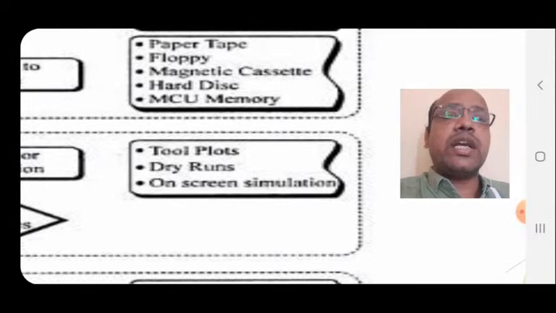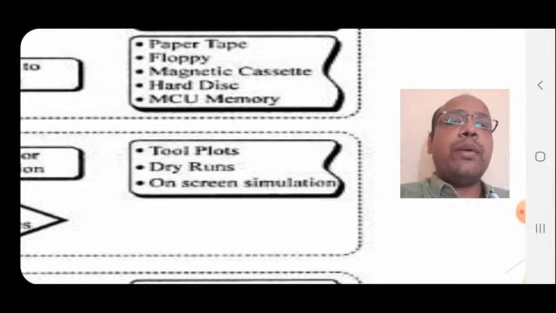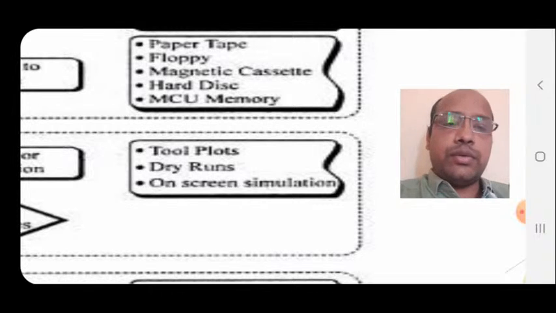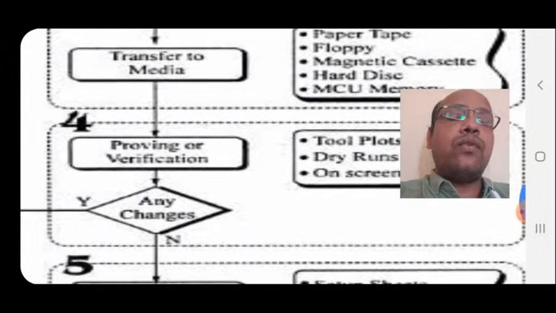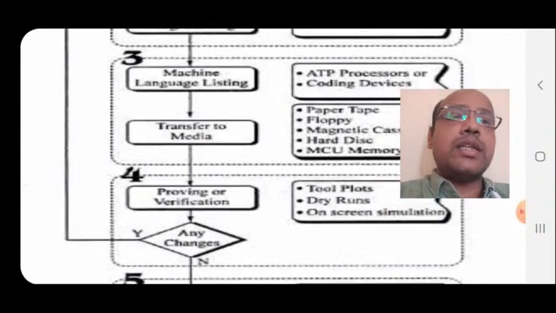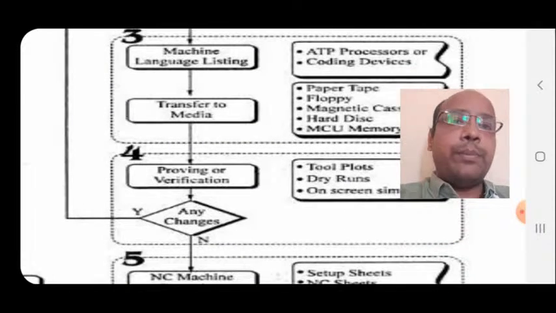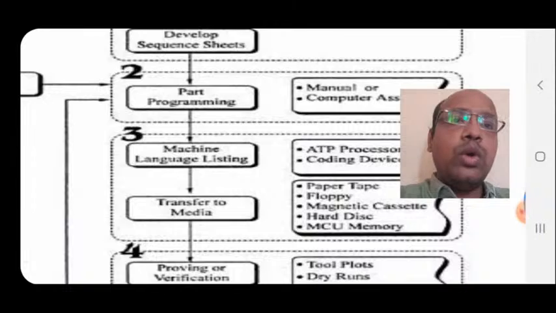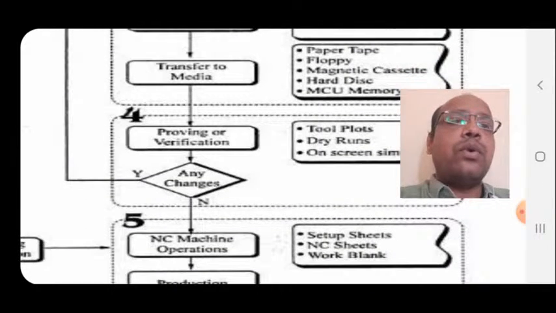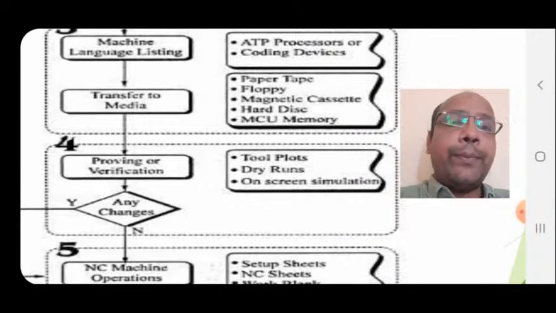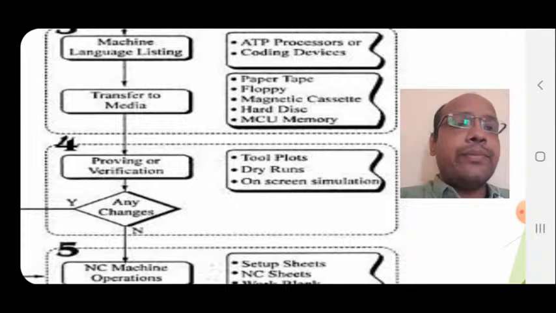You are just checking your part program, and if you observe a problem, the movement of the tool is not as per the program, then you have to make corresponding changes in the part program. So once again you are jumping to step number 2 from step number 4. In this way a prepared tape is verified by doing dry runs.